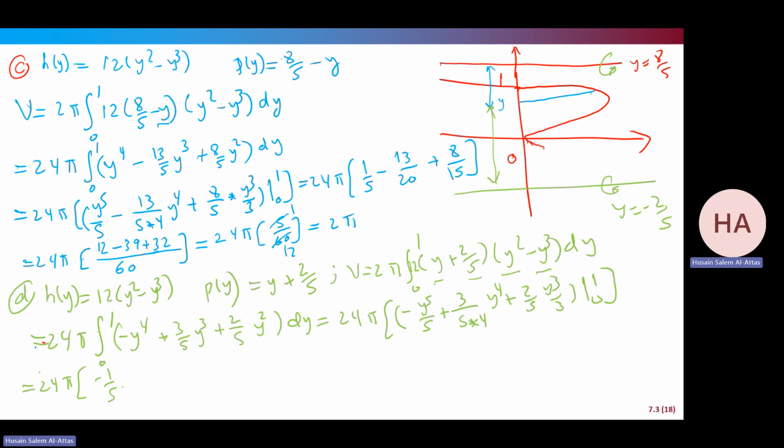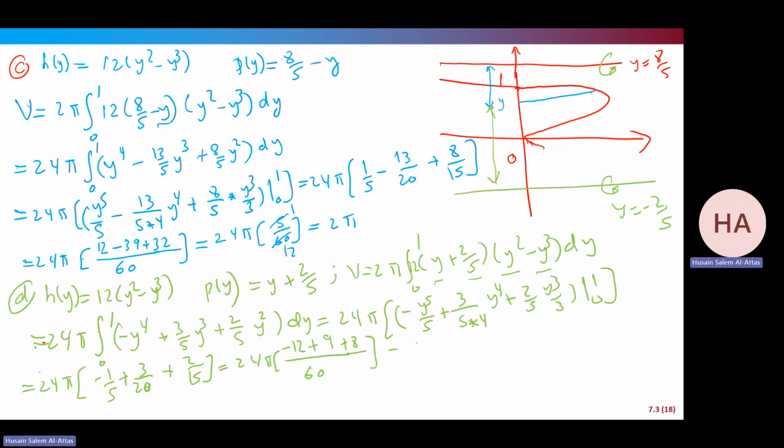Minus 1 over 5 plus 3 over 20, plus 2 over 15. Doing the same thing in terms of 60: 60 divided by 5 is 12, so I have minus 12. 60 over 20 is 3, plus 9. 60 over 15 is 4, plus 8.